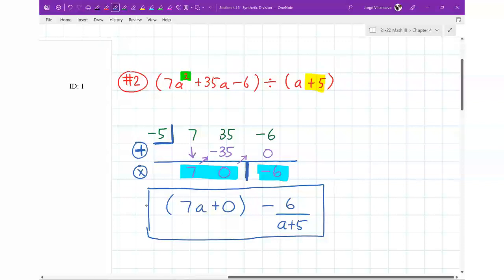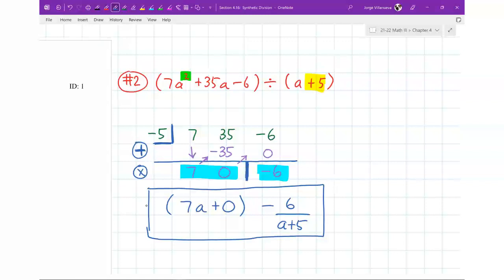Okay? So let me just recap this for you guys. We got our coefficients of the big expression, 7a squared plus 35a minus 6, and we wrote down the coefficients, just the numbers. So 7, 35, negative 6. I put them all right here. Okay? So this one went here, this one went here, and negative 6 went there.